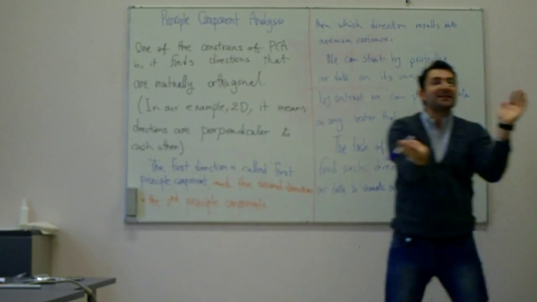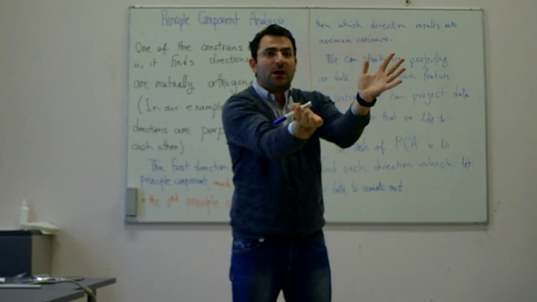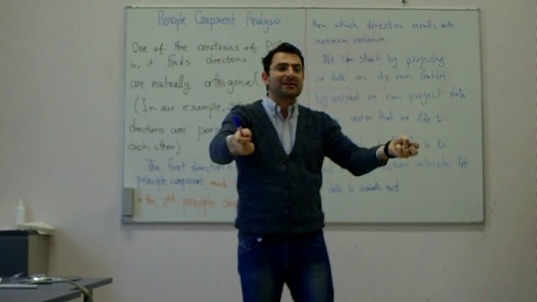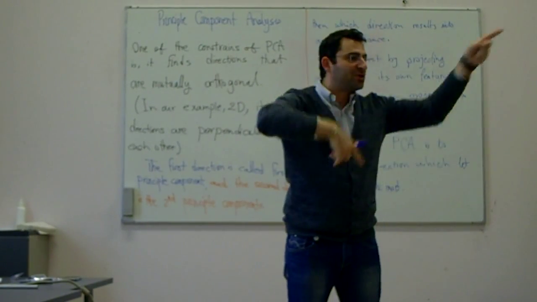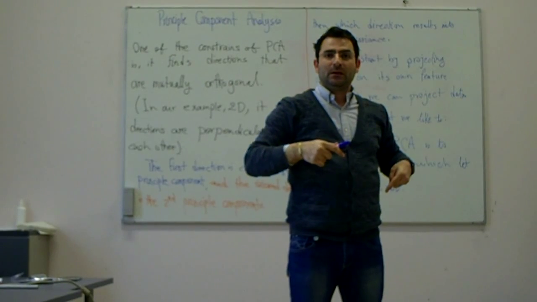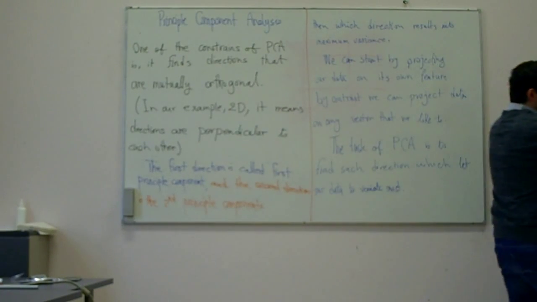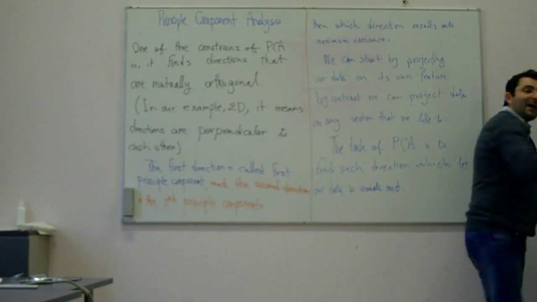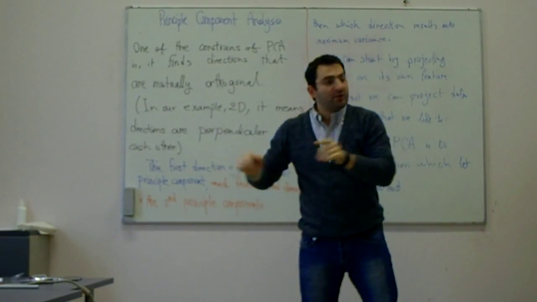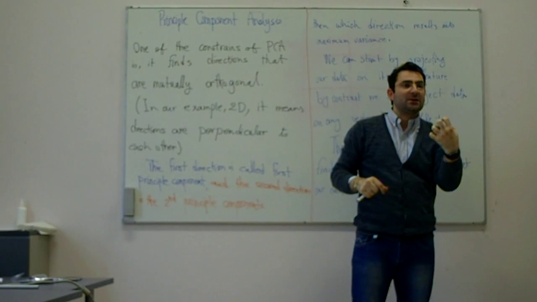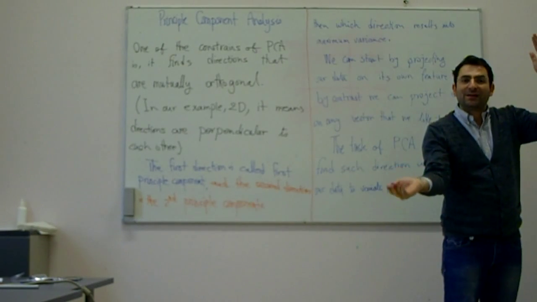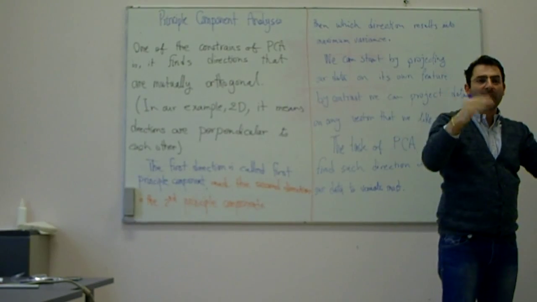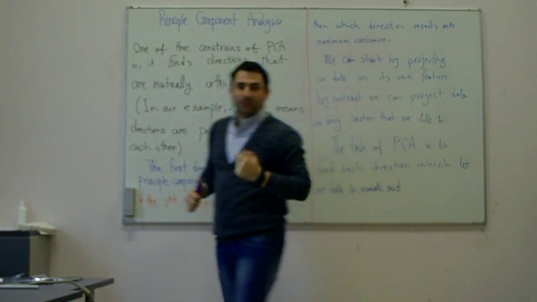So PCA tells us, take the coordinate, rotate it in a way that if you project on your axis, you will have the maximum variation on each of them. So we will try to find such a coordinate which, if I project, gives the maximum variation. By this maximum variation, it means that we are minimizing some error, which I will tell you in a few minutes.